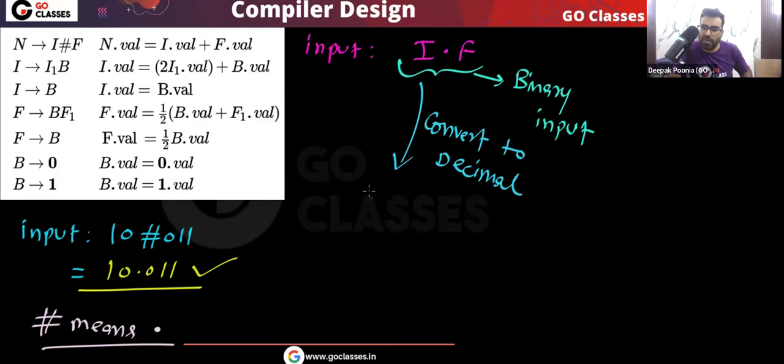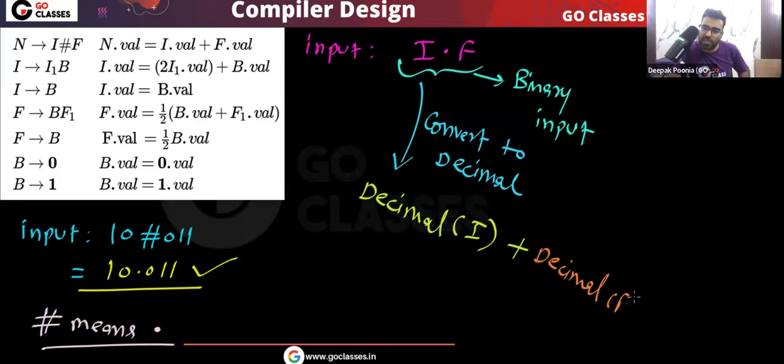We find the decimal of the integer part plus the decimal of the fractional part, and then we add them. This is the overall decimal for the input. Do you agree with me?